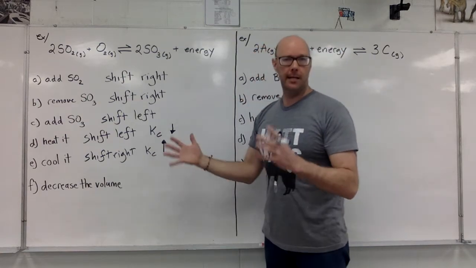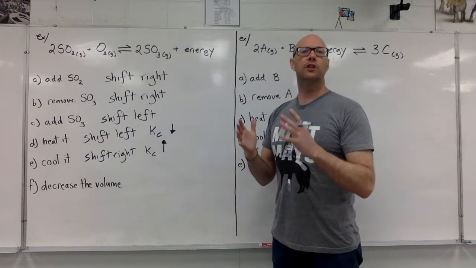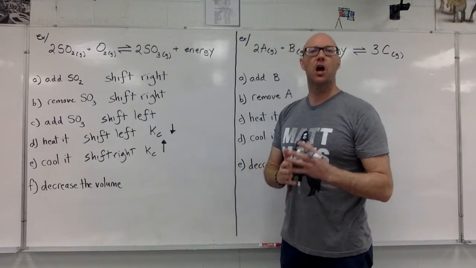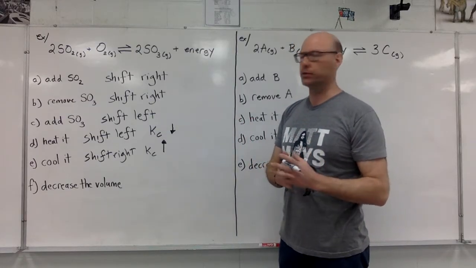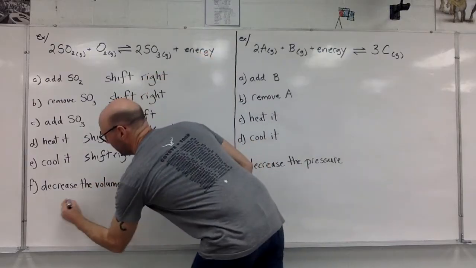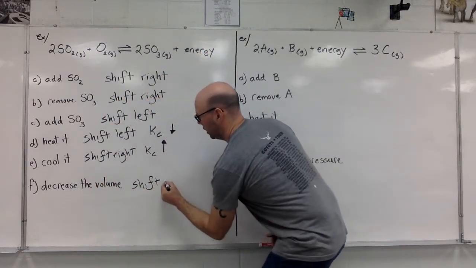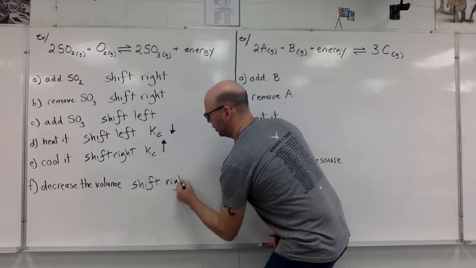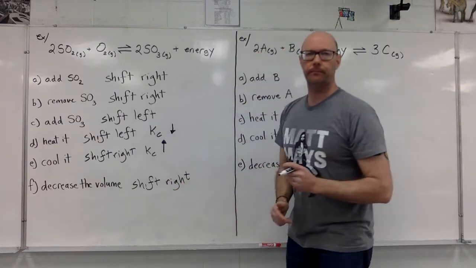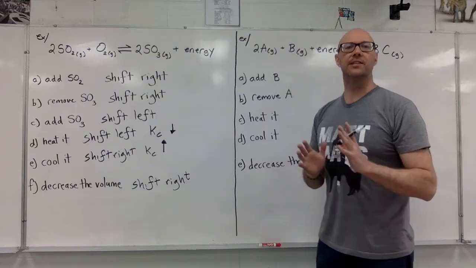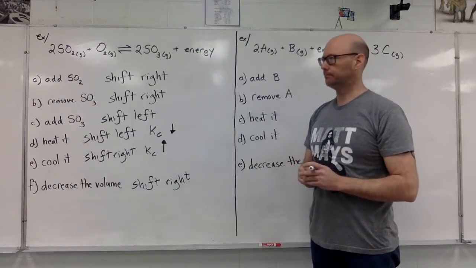Decrease the volume, increase the pressure. That's going to cause a shift to the side with fewer gas molecules, which here happens to be the product side. So it's a shift to the right. And the equilibrium constant is not going to be affected.